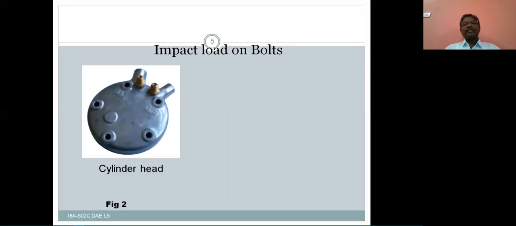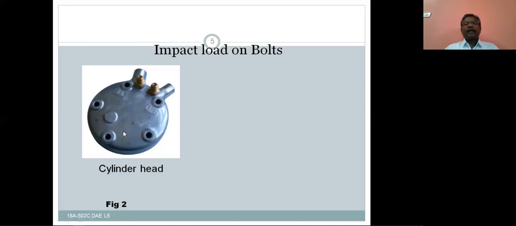So you can see impact load on bolts. As we have seen in IC engines, there is a cylinder, and over that there is a cap or cylinder cover which is fixed to the cylinder either using studs or bolts. Whatever it is, if you see, this is the cylinder cover and there may be 5 bolts.